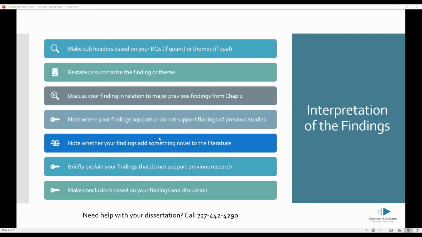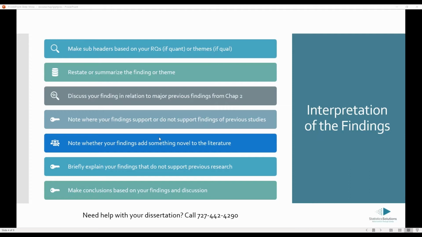So it's usually a good idea to make subheaders based on your RQs if it's quantitative, or themes if it's qualitative. Again, this helps you take one thing at a time and not get all your findings jumbled together, because you're going to also be bringing in literature from Chapter 2.